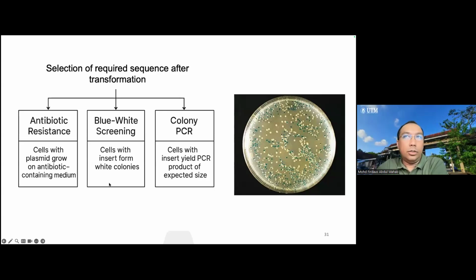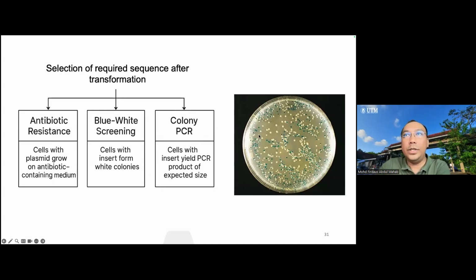And we can also use blue-white screening, which is based on the disruption of a gene. So if the gene is disrupted with the insertion of the foreign gene fragment, the colony becomes white. If it's not disrupted, it becomes blue. So you can see the blue ones are the ones that do not have our gene inserted, just the plasmid vector. Or we can even do colony PCR, because sometimes we can have false positives. The white ones can also be a molecule transformed without insertion.